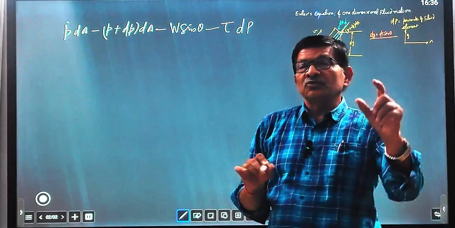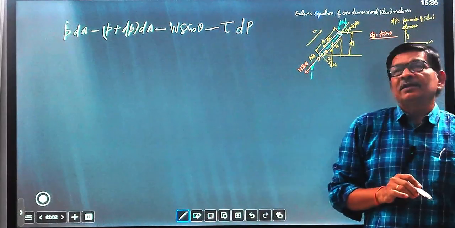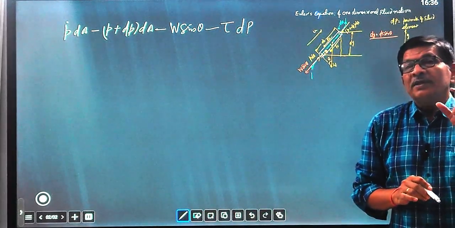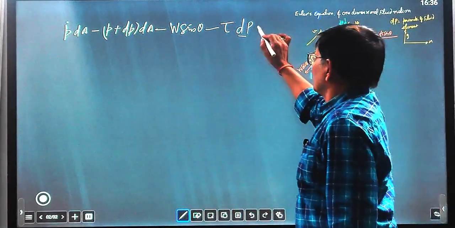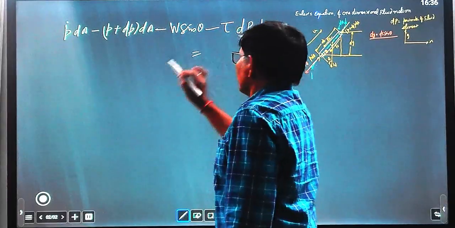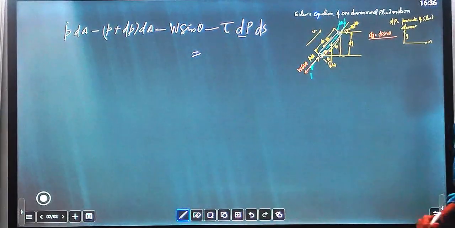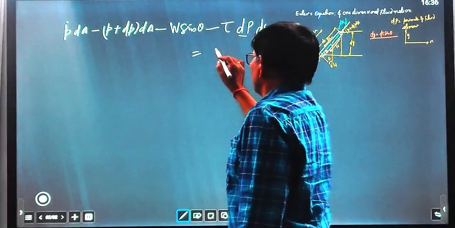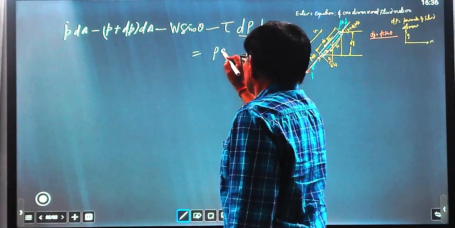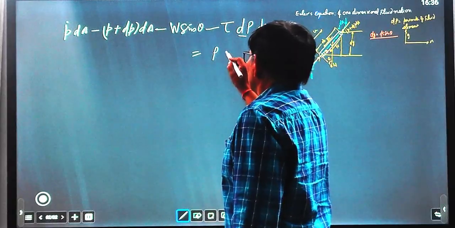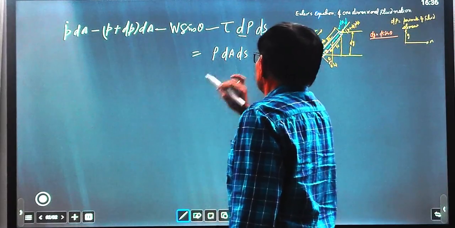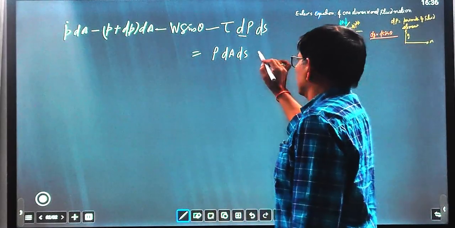You know that the circumference of the cylindrical element is 2 pi r L, so 2 pi r equals dP and L equals ds, equal to the acceleration of the fluid element, mass into acceleration. So mass equals density into volume, rho dA ds, mass into volume into acceleration.